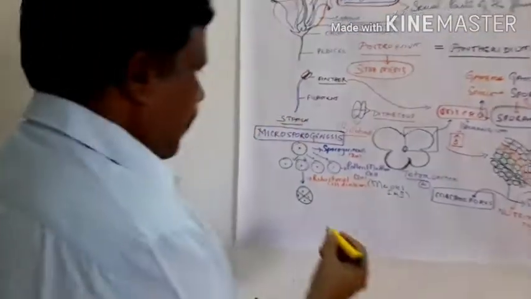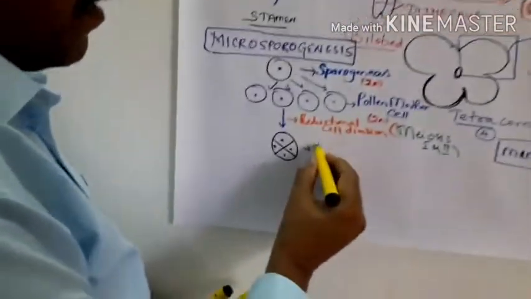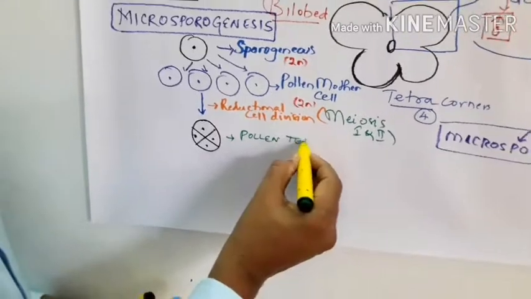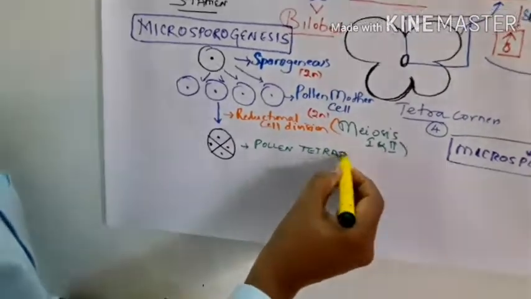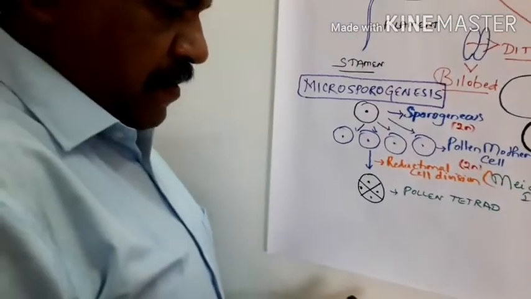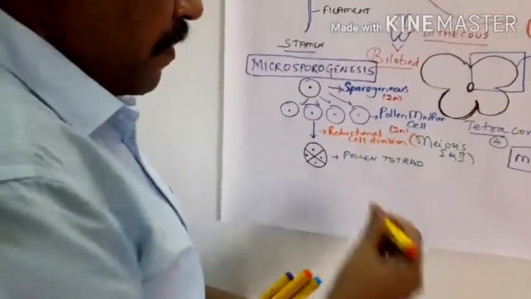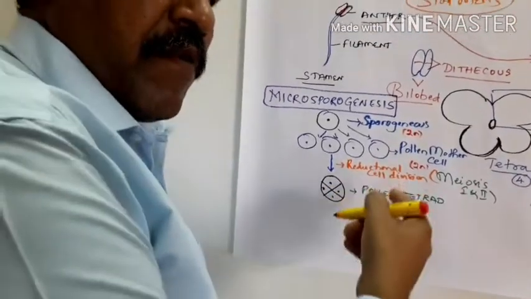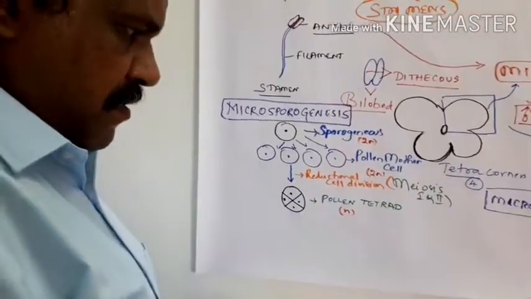The 4 cells formed here are called the pollen tetrad. So naturally, the ploidy will become what? The ploidy will become N, because it became haploid. The diploid will become haploid because of this meiosis.